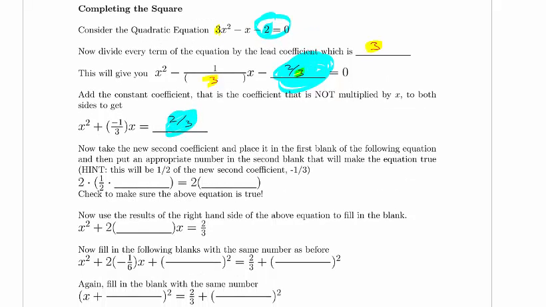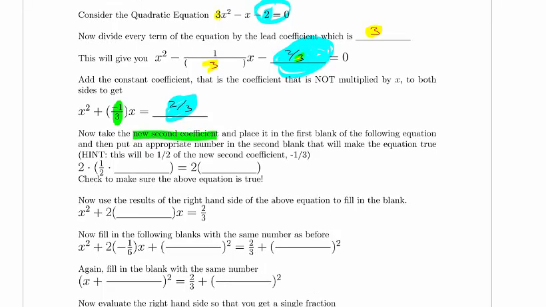Now take the new second coefficient. Keep in mind that's the new second coefficient right there. And place it in the first blank of the following equation. So note this is exactly what we're doing before, right? We're multiplying and then dividing by 2. And so when you do this, you get negative 1 over 6.